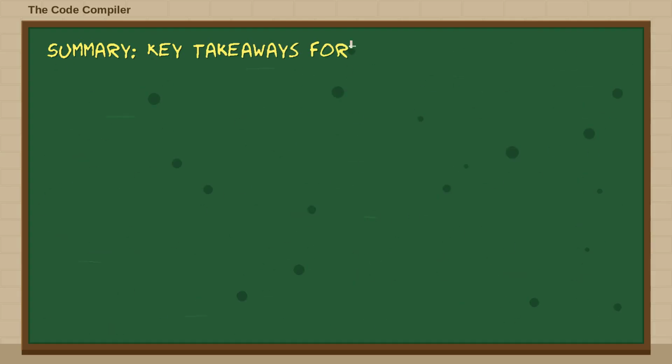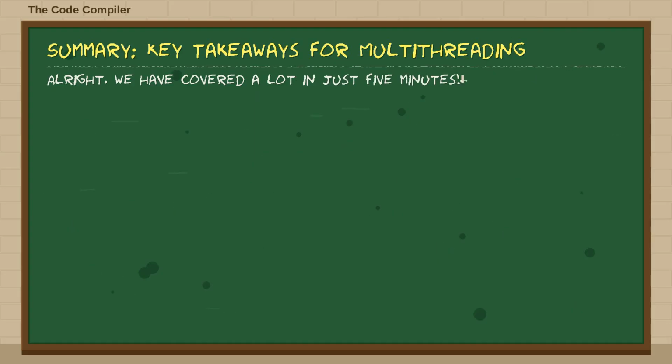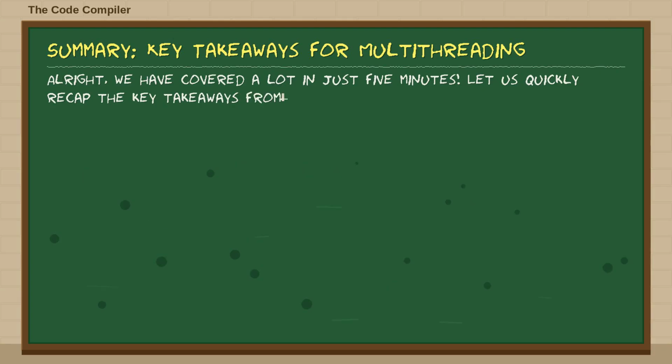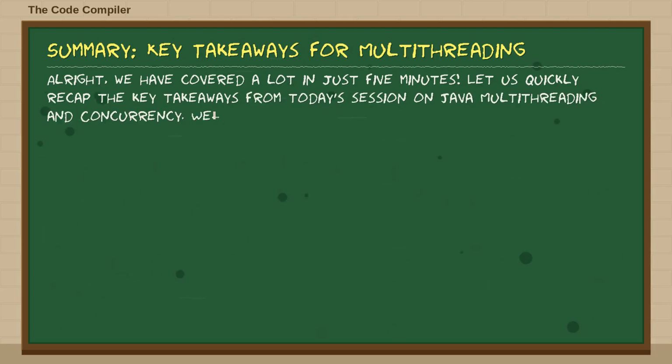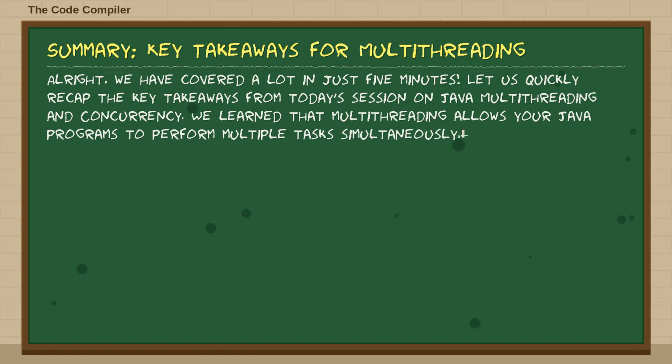Alright, we have covered a lot in just 5 minutes. Let us quickly recap the key takeaways from today's session on Java multithreading and concurrency. We learned that multithreading allows your Java programs to perform multiple tasks simultaneously, making them more responsive and efficient.